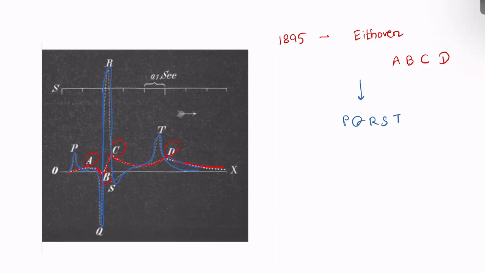Why couldn't he simply use ABCDE? Because at the time, he thought that ABCD were wrong waves that he had previously recorded. So he didn't want to use this naming system for the correct waves.